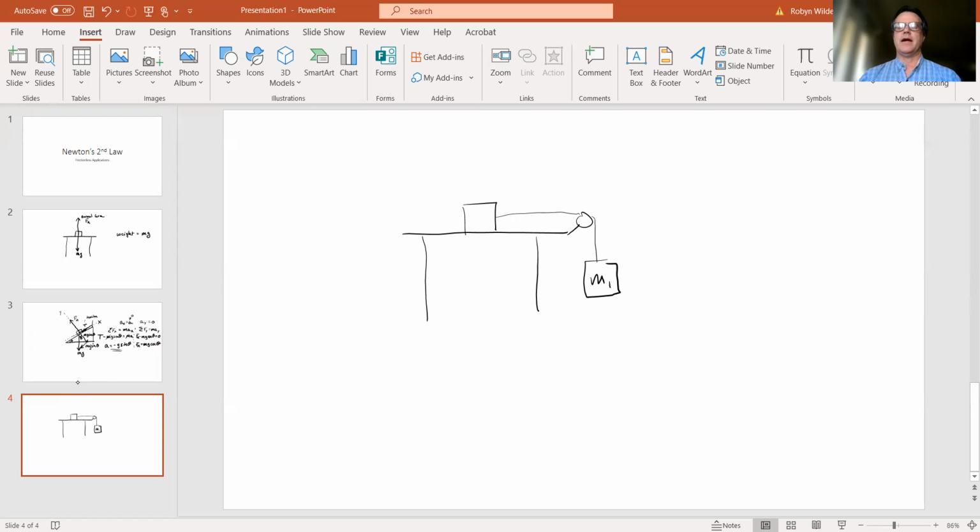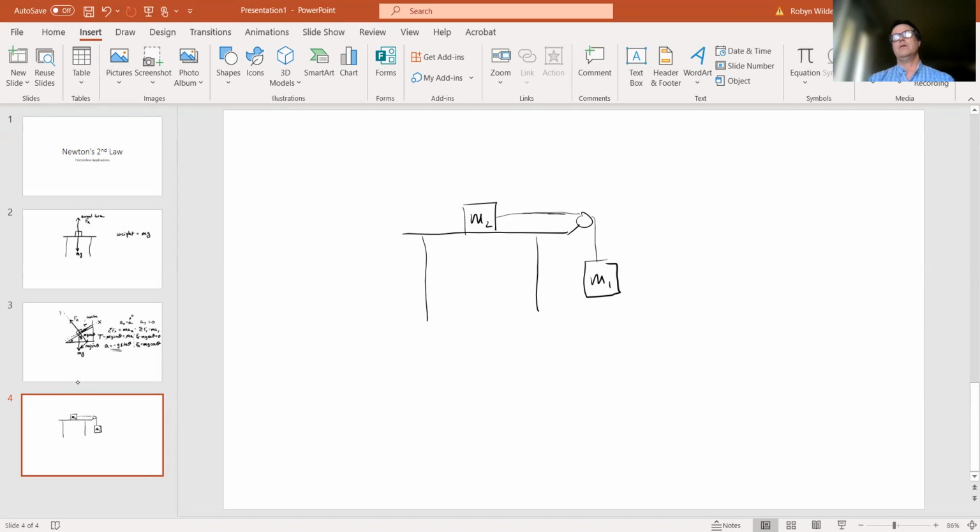Let's say we have two masses, M1 and M2, connected by this rope or string over a frictionless pulley, right? And so what will happen, of course, without friction is that the masses will start to accelerate to the right, or the pulley will start going clockwise, and you'll get an acceleration of the two masses.